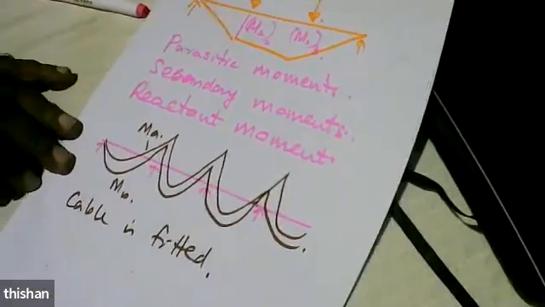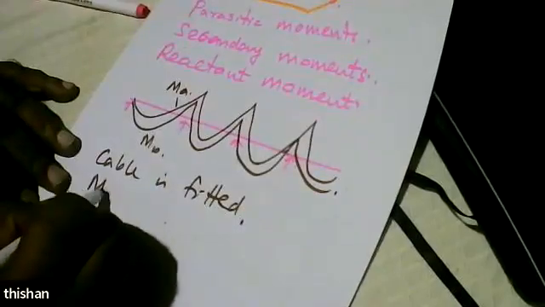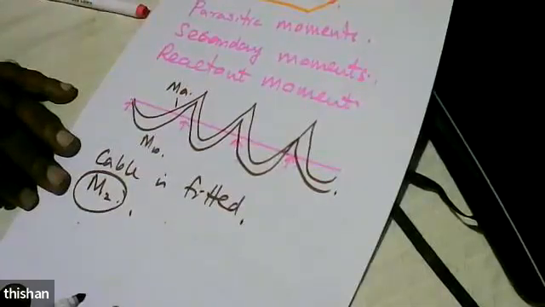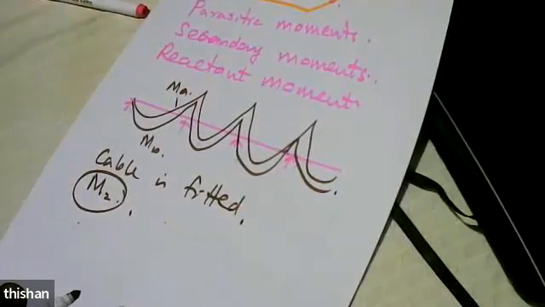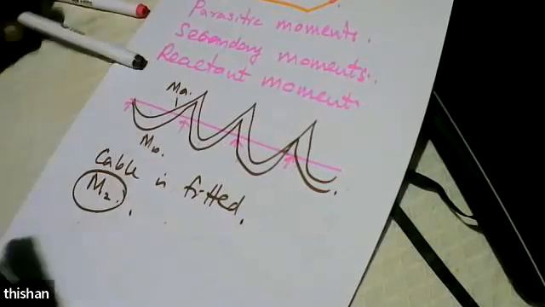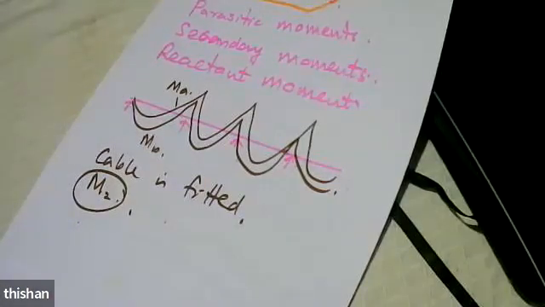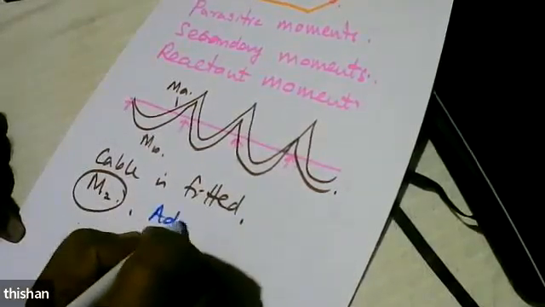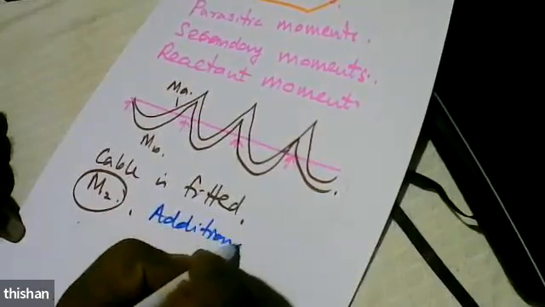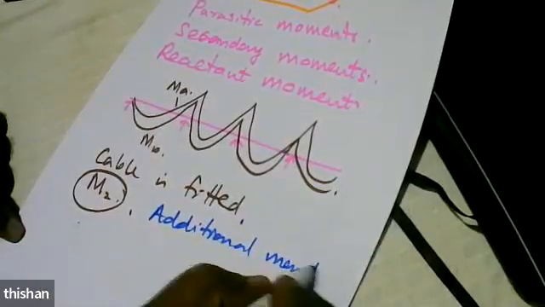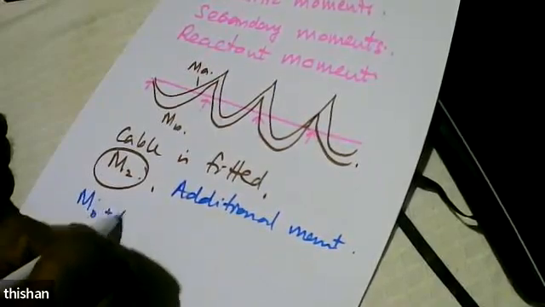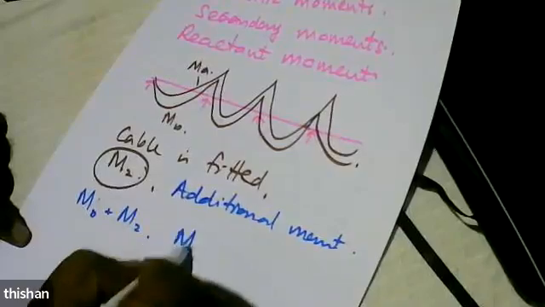Now what happens? Now we are getting an additional moment M2 as well, a second moment. Which means we have drawn a moment diagram, and after doing everything you fit in the cable, now you are getting an additional moment. Then what is the total moment? Total moment is MB plus M2, MA plus M2.